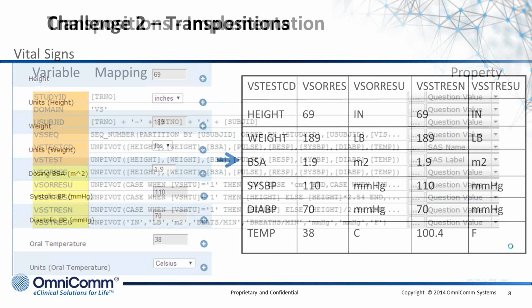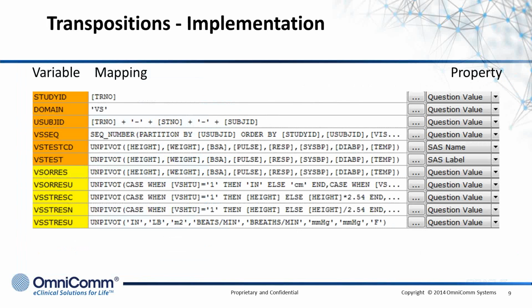Well, somewhat daunting on a first glance, but very elegant when you get used to it, we have this unpivot operator, which basically takes these individual variables and unpivots them around, putting them in a single column called, in this case, VS test code, and creates a row for each. So in VS test code, we'll get one row for height, another row for weight, another row for body surface area.